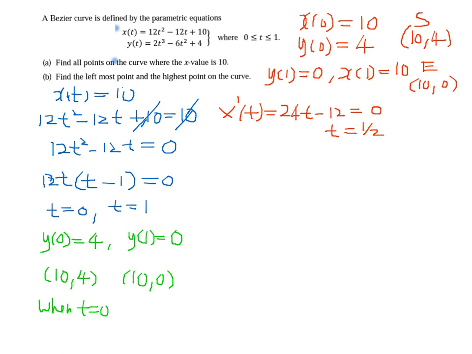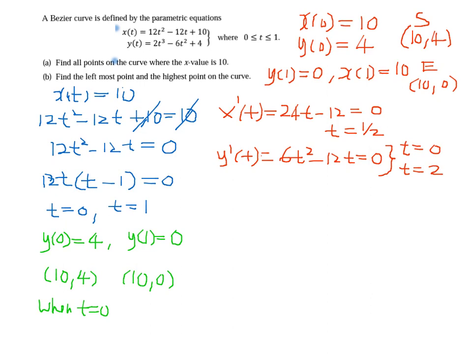And then next we solve for y prime, which is 6t squared minus 12t, and set it to 0. If you solve this, you will get t equals 0 or t equals 2.